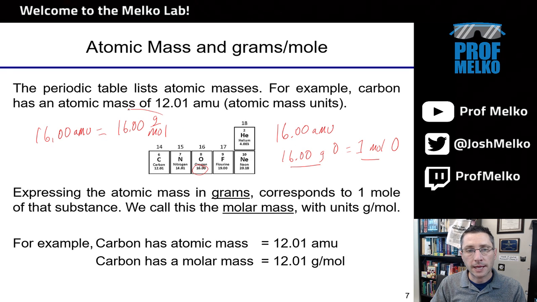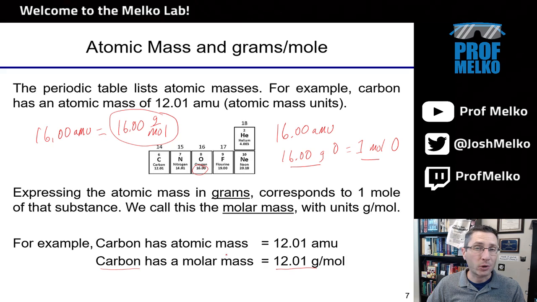This now might be our unit factor we're using as part of conversions. This is the atomic mass, expressing the amount of oxygen in grams that corresponds to 1 mole of oxygen. Similarly, the amount of carbon atoms in grams corresponding to 1 mole is 12.01 grams.